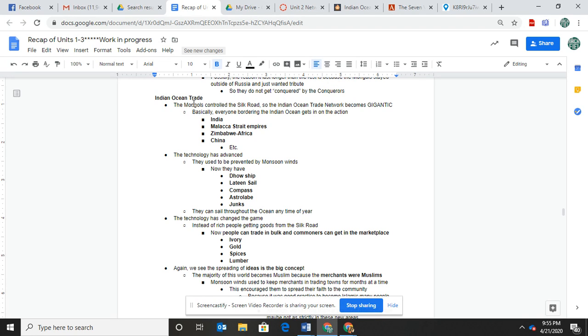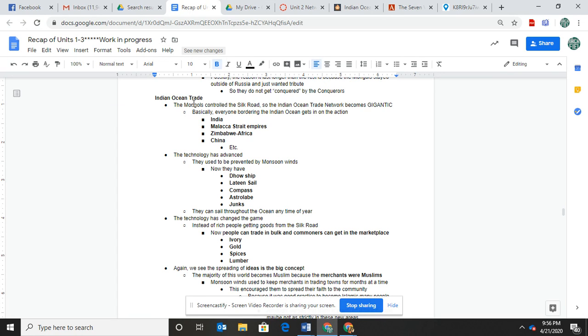And you can take trade networks all the way up until imperialism, when they start having steam powered ships and railroads and that kind of stuff.